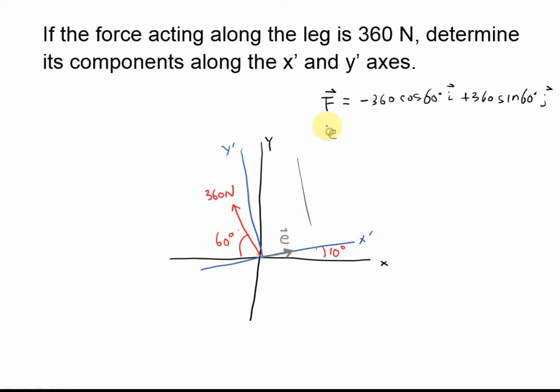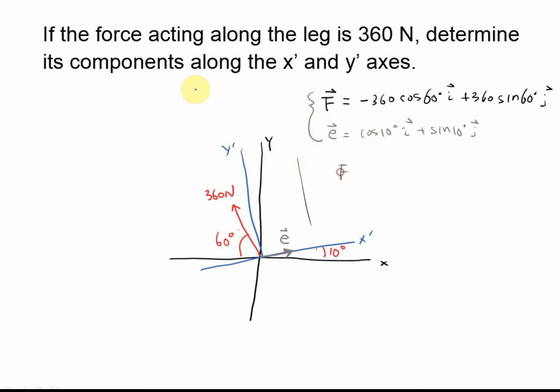Then your unit vector E can be represented in terms of your original xy coordinate system. So this is cosine 10 i plus sine 10 degree j. Okay, now we have figured out F and E in terms of my original components.